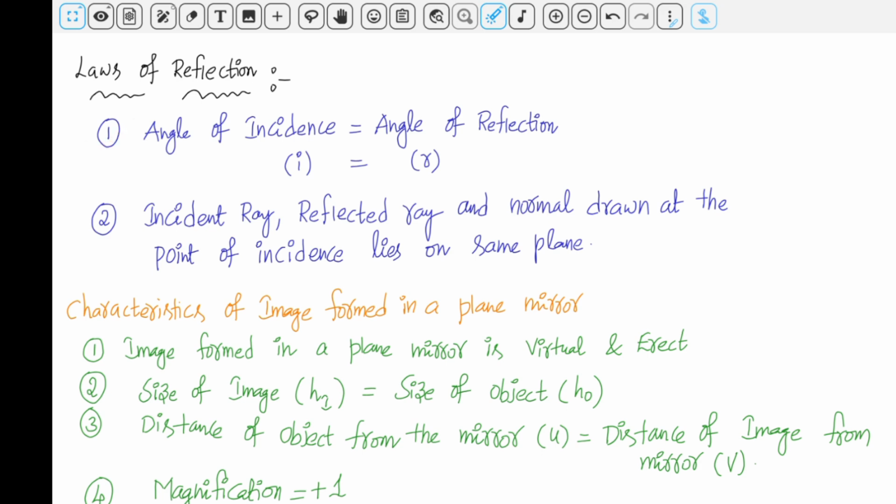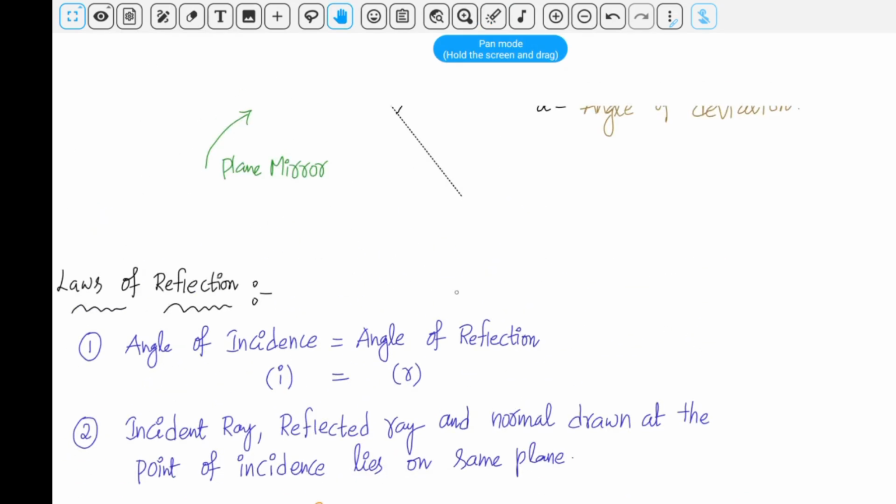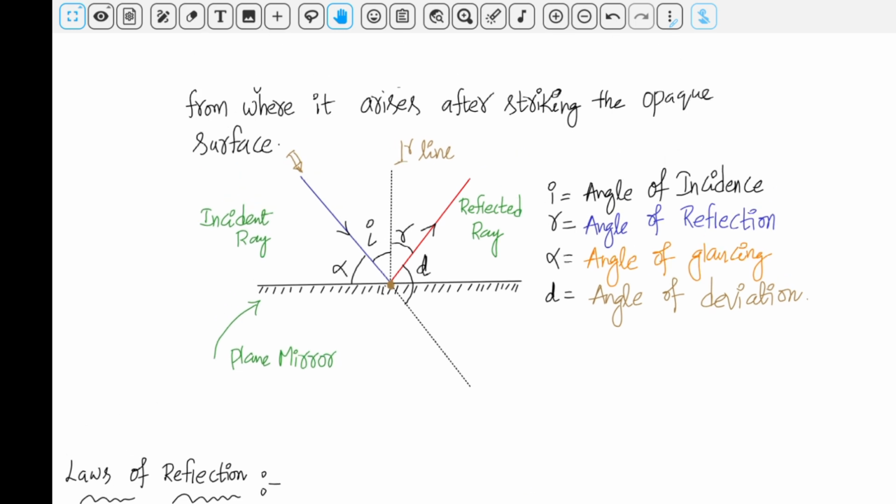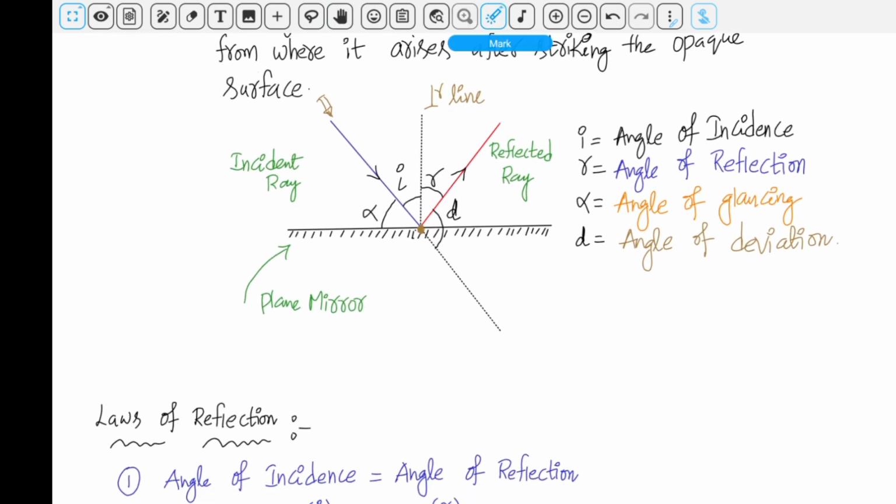So the meaning of this statement is whatever is the angle of incidence, the same will be the angle of reflection. If I consider the angle of incidence as 47 degrees, then automatically the angle of reflection also is 47 degrees. This is the meaning of the first statement.